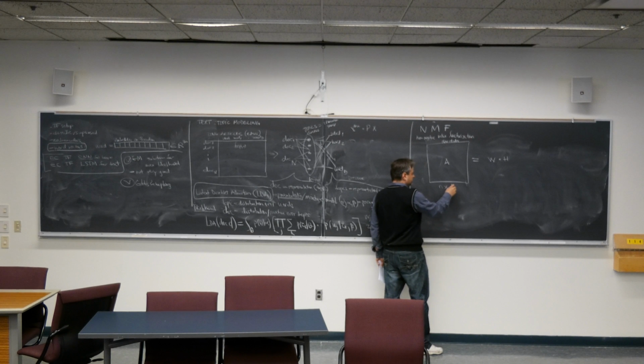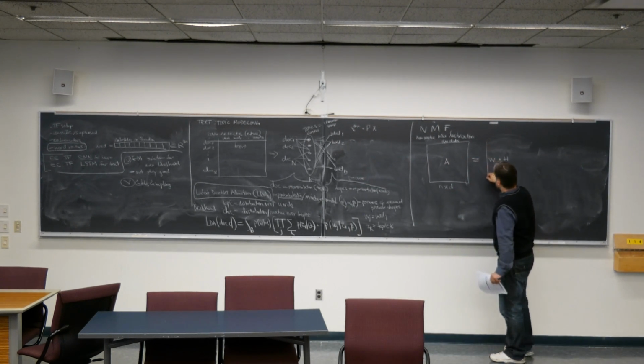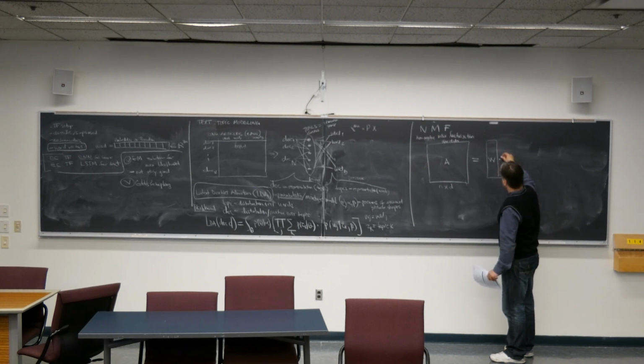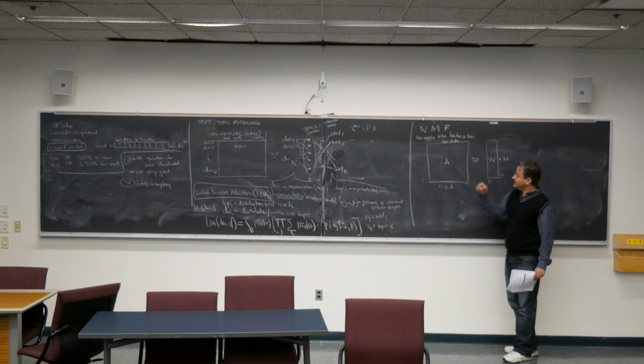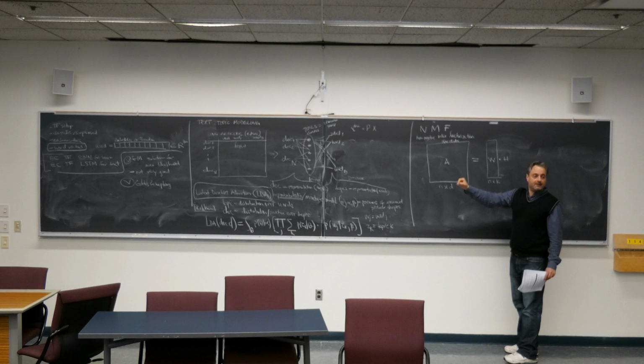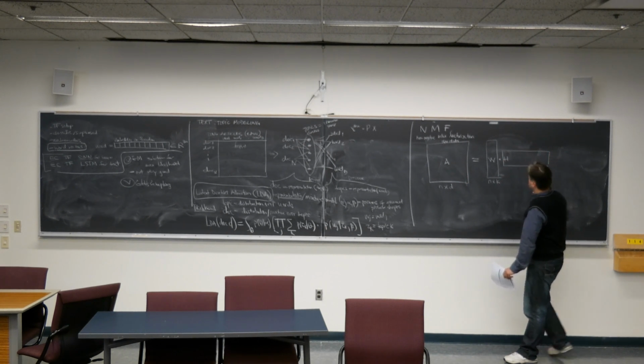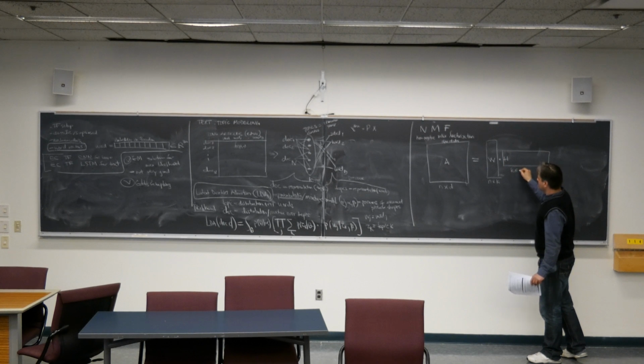N times D, usually. For this to work, what do I need here? This would be N rows, the same number of rows as my data. N times K. I'm using the same K as before. And then H would be what? It has to be K times D.